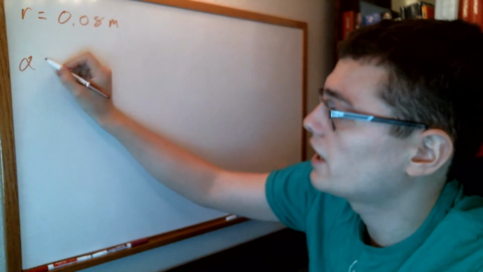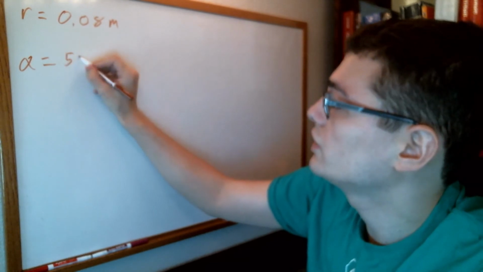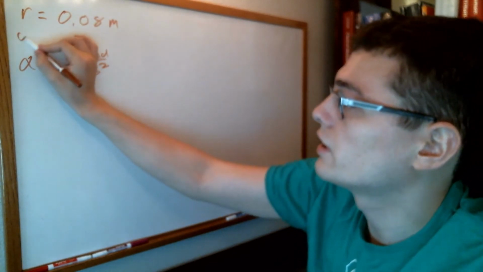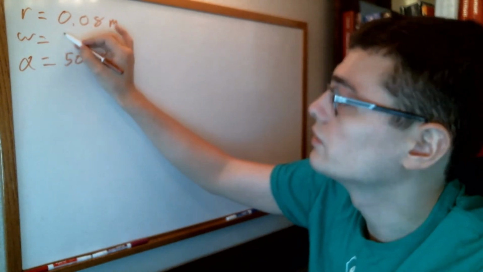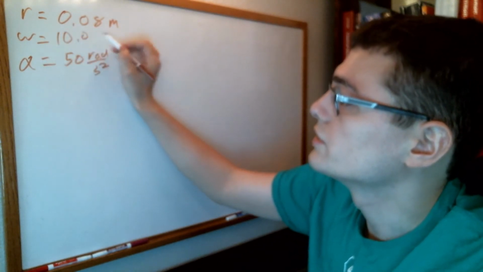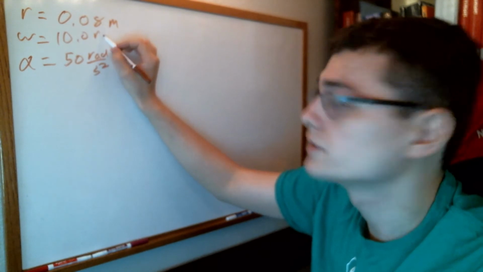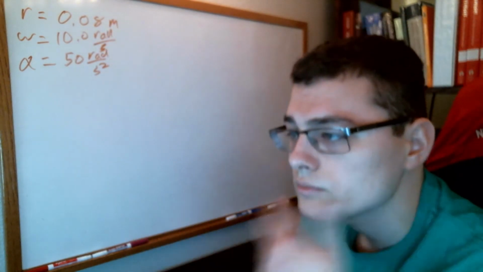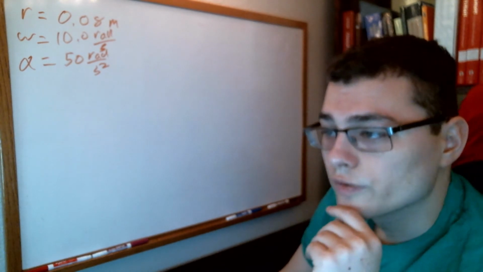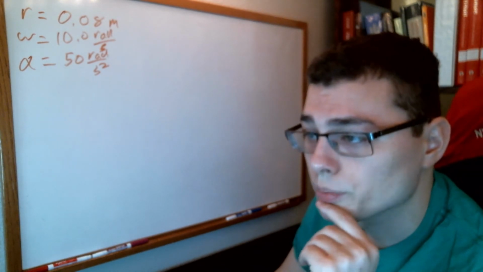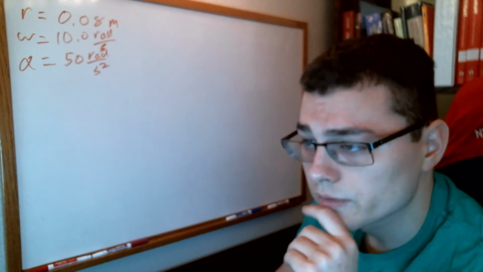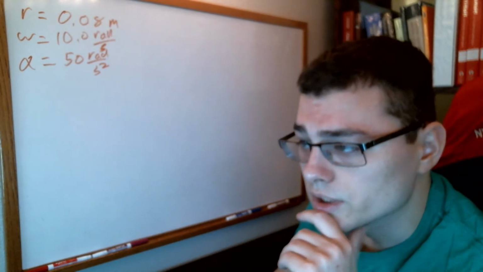So we can say that alpha is equal to 50 radians per second squared, and we can say that omega at this one instant is going to be 10.0 radians per second. So at this instant, we're finding the tangential and centripetal components of the acceleration of the discus and the magnitude of that acceleration.